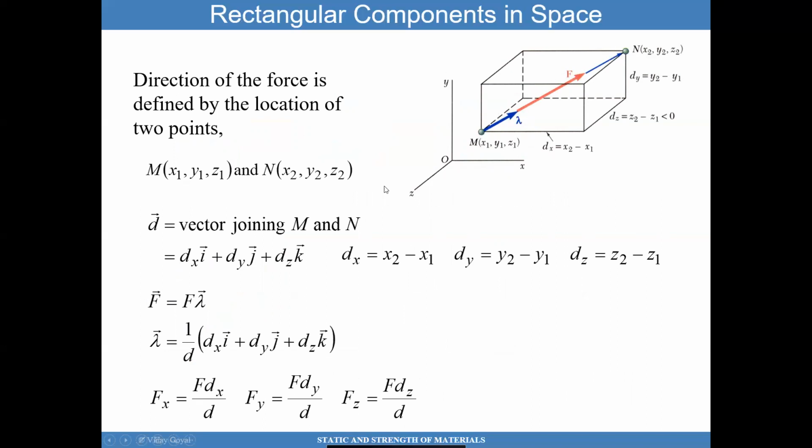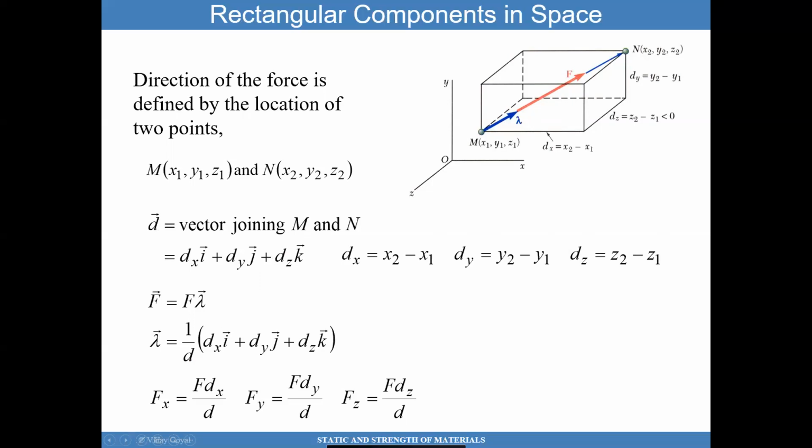That'll give you the component dx, which is a component of the vector d that points from m to n. y2 minus y1 gives you dy. And then z2 minus z1 gives you the component dz, which make up this vector d. So given these 2 points, if I want to find the vector that goes along them, defined by vector d, I can find it simply by subtracting the coordinates of n and m.